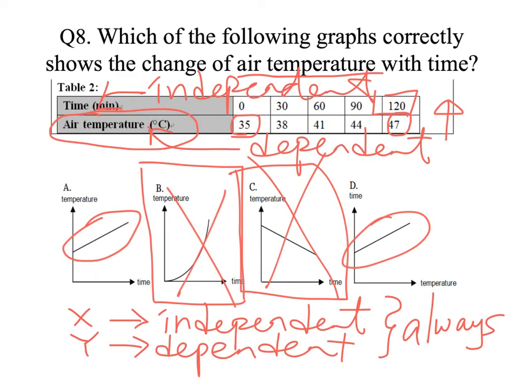X-axis, independent variable. So that means the time should be in the x-axis, while y is about the dependent variable, and the dependent variable should be the air temperature. So the temperature should be in the y-axis. So in this case, we know that it should be x here, and it should be y here. So the answer should be A.